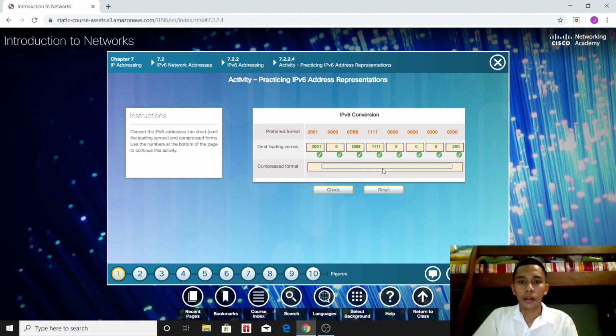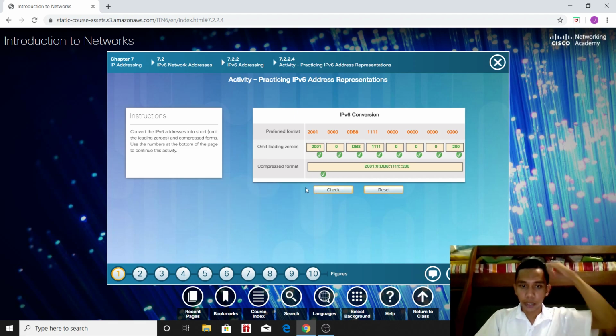So compress the form. 2001, then 0, then db8, then 1111, then 30. So do not write the 0200. So let's check. Okay, correct.